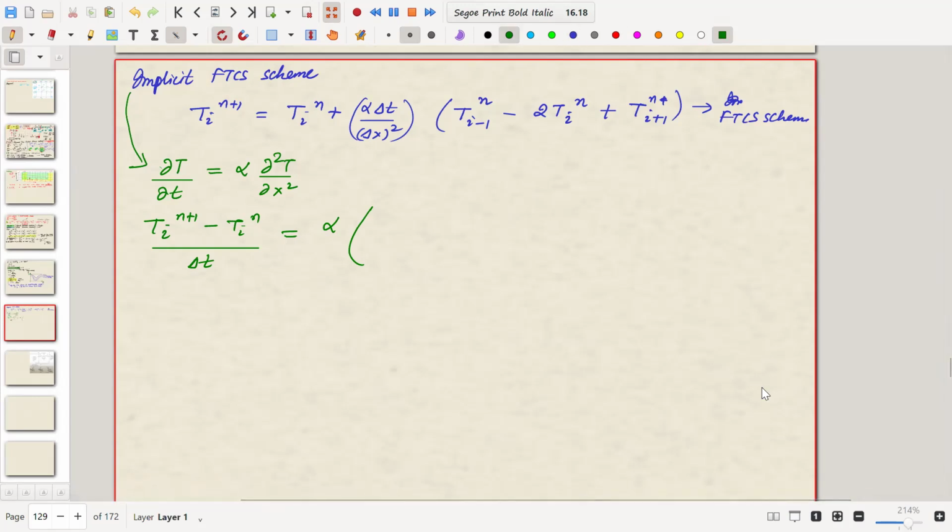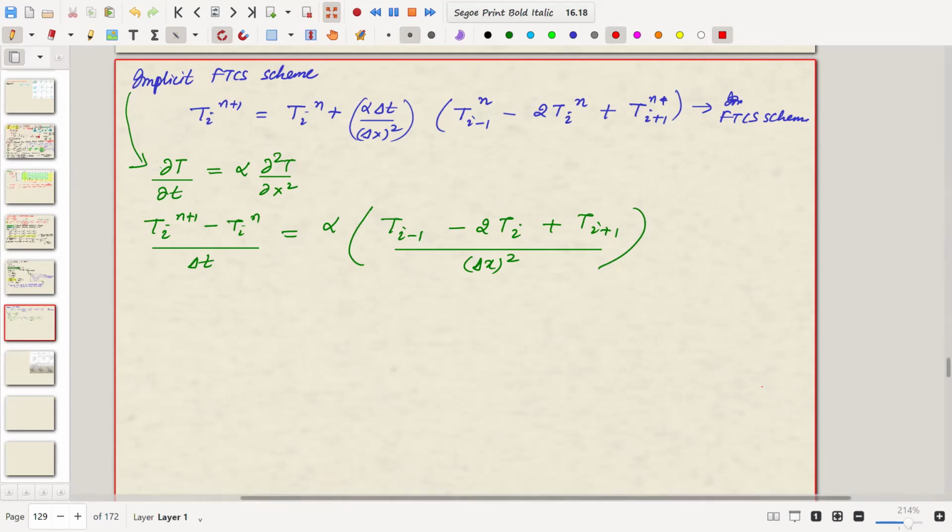I hope you have written something like this: Ti minus 1 minus 2Ti plus Ti plus 1, divided by delta x squared, right? But here everywhere it was in the nth step. But in the implicit scheme, it will be all n plus 1.